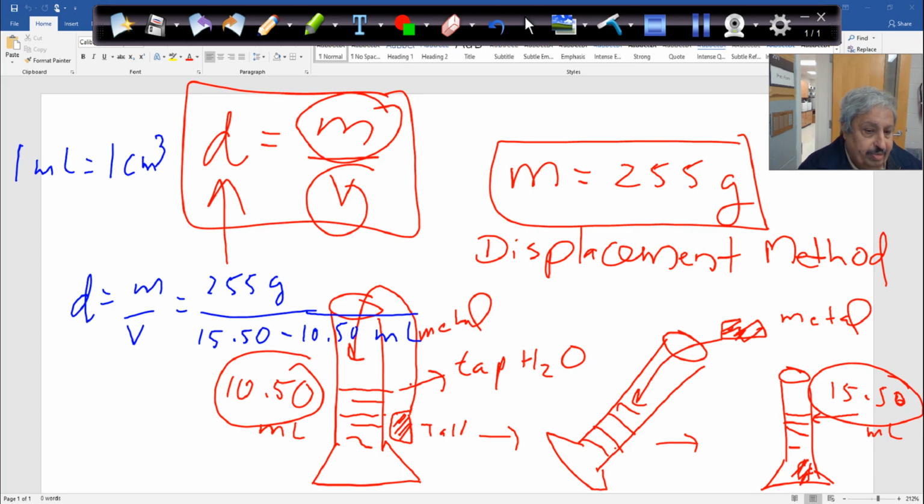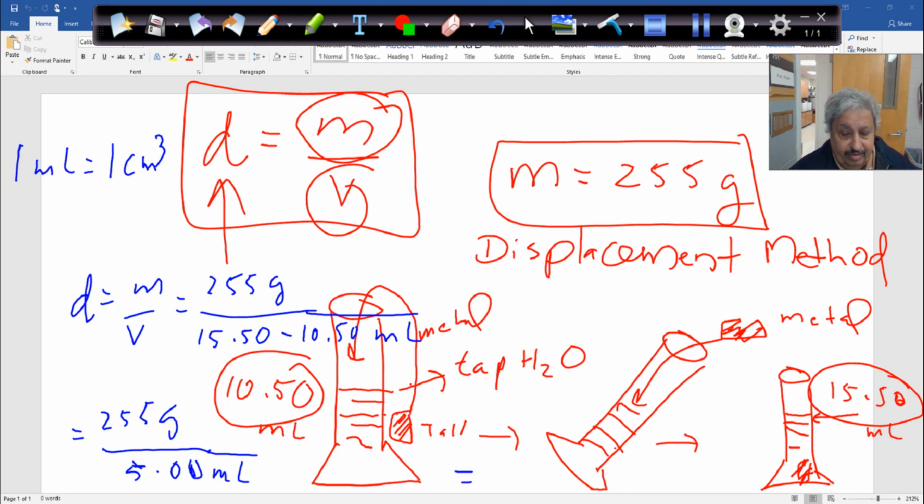So this one will be 2.55 grams divided by 5.00 ml, correct? So then you will have 0.51, this is 3 sig figs.